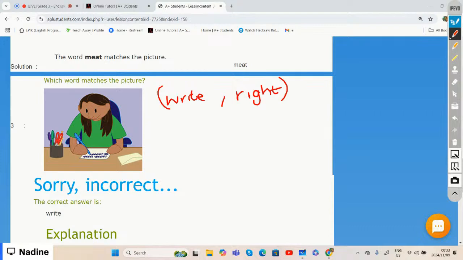And if we were to choose the correct right, then we'll go with the first one. It's like writing a letter. This right is either directions, left or right, or saying I am right and you are wrong, right?